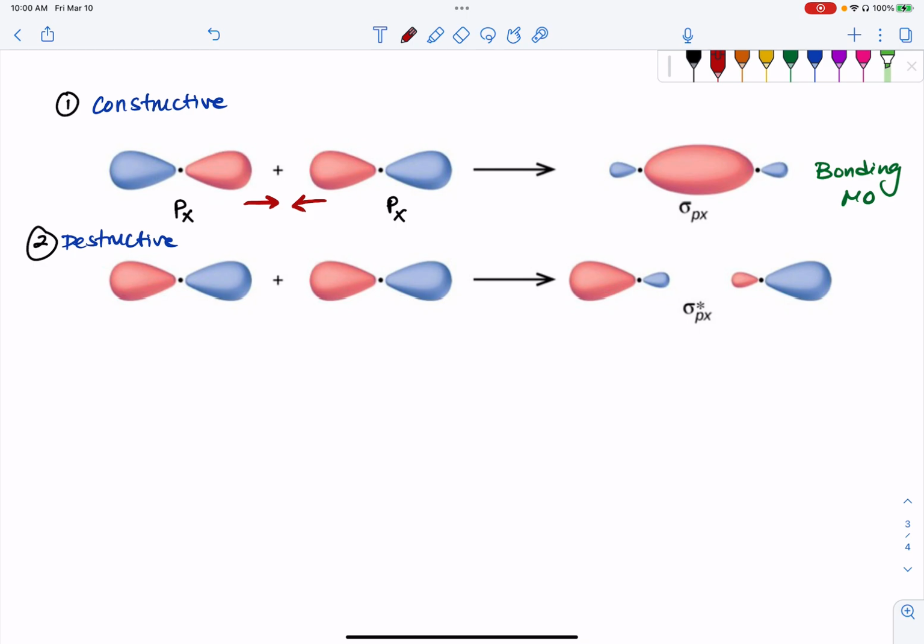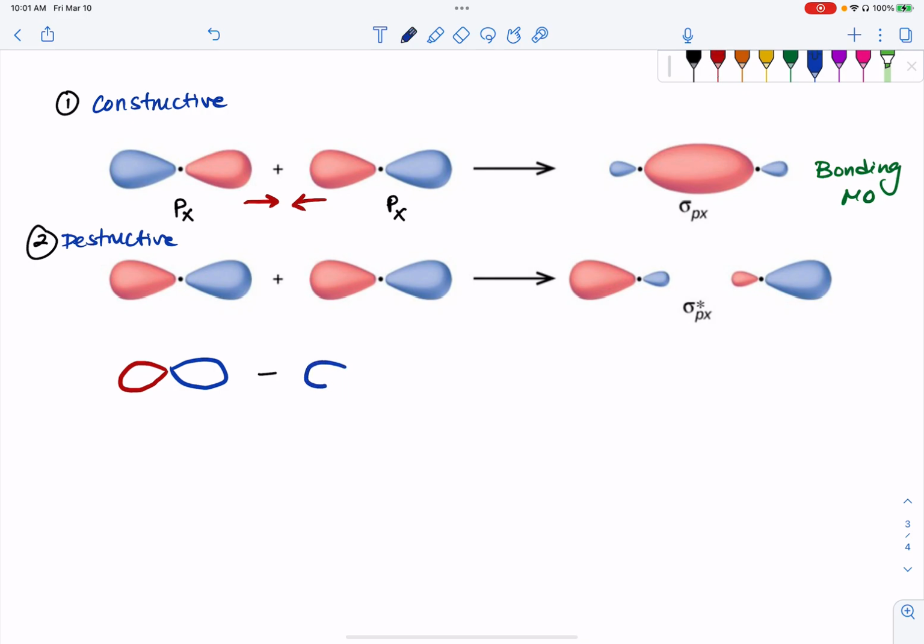And another way to think of this is we've got these px orbitals, and instead of looking at the addition of the inverse, I could show this as the subtraction of my normal. And here, I want to make this match what we see up here.